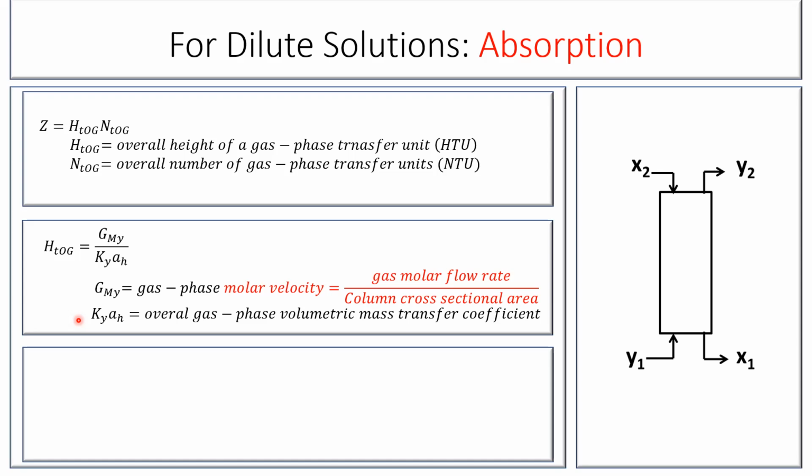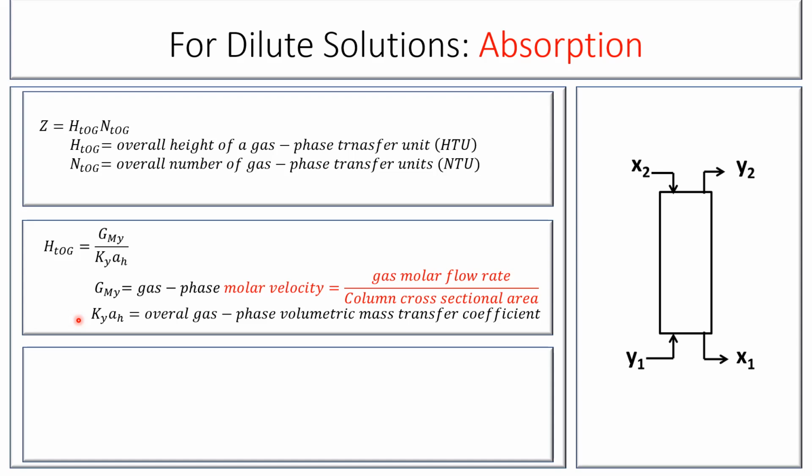And in the beginning of chapter 4, we learned how we use the correlations for specific packing material to calculate small ky and small kl. Keep in mind, in those correlations, we were calculating small kl, not small kx. So we have to use the tables that we saw in chapter 3 to convert that value of kl into kx.